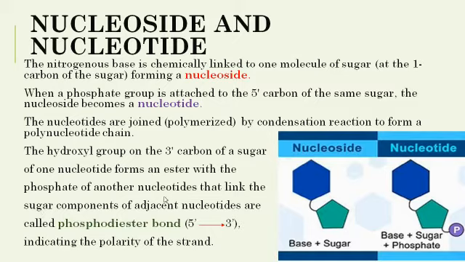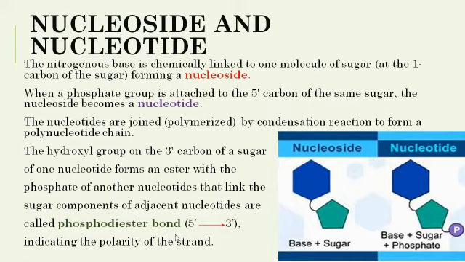Can you understand? The 3' carbon is attached through its hydroxyl group and forms the ester bond. That links the sugar components of the adjacent nucleotides, and these bonds are also called phosphodiester bonds.